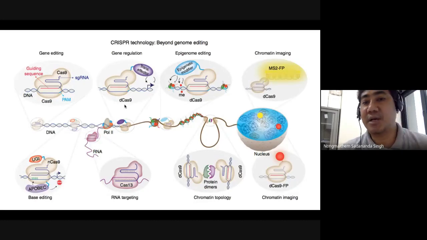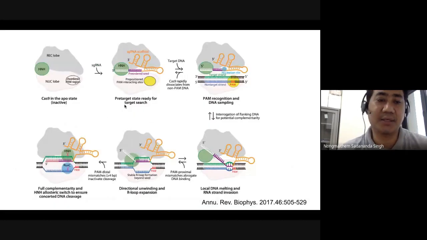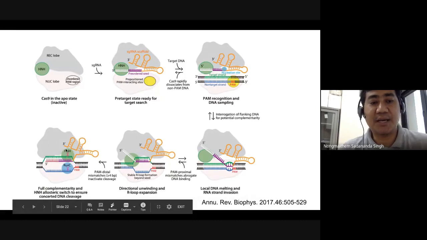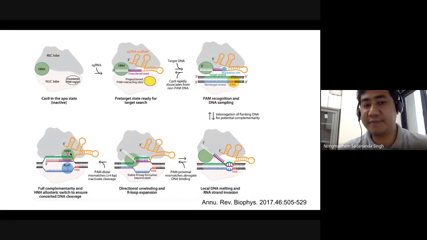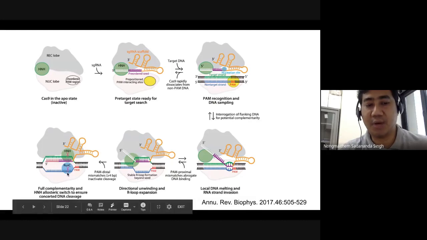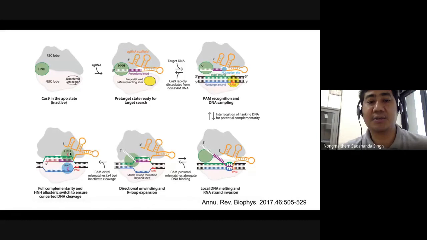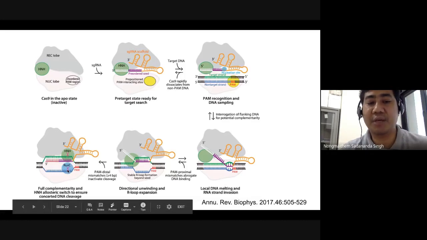Now let's go back here. As I was telling you, the HNH motif and RuvC motif are nucleases which cleave one strand each, opposite to each other, correct? So if you mutate the HNH motif only, then what will happen? It will cleave only one strand.